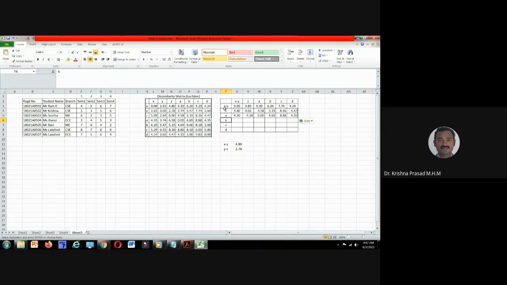B to xy, 6.20 only. Then b to z. C to xy, 7.74. C to z, c to a.